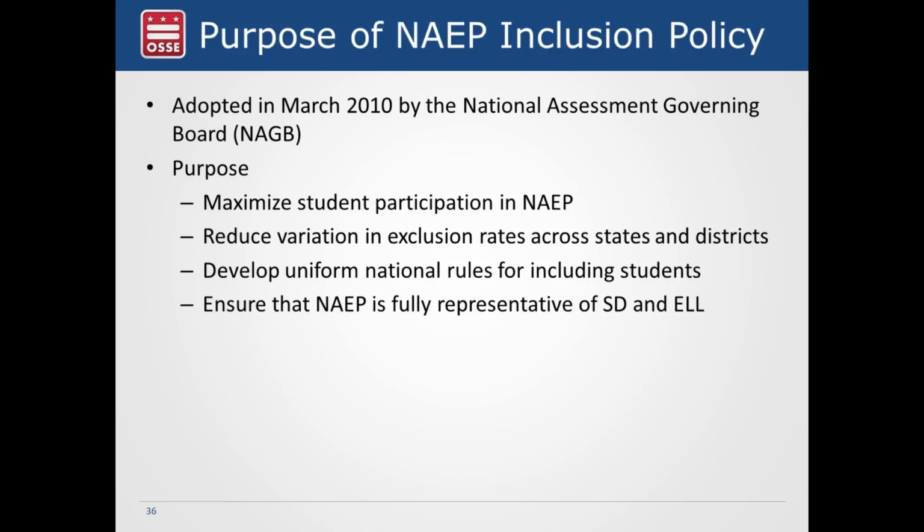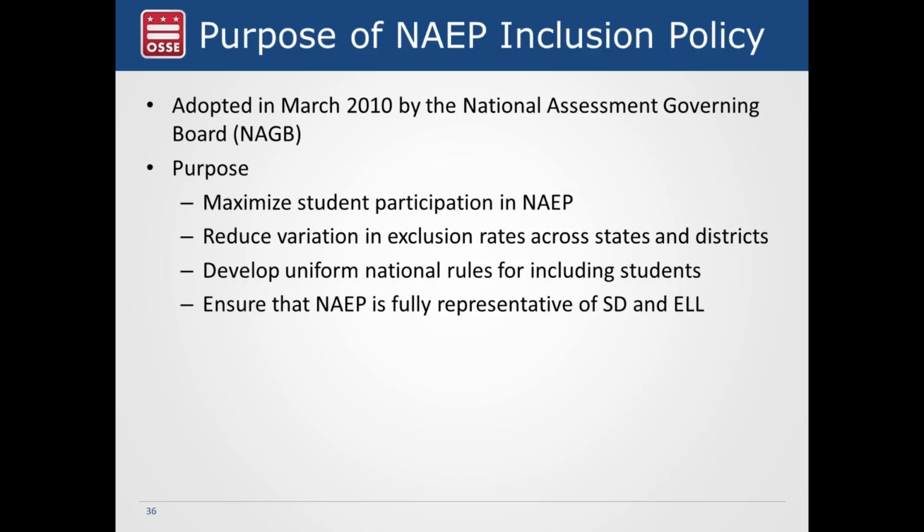Previously, many states would demonstrate higher performance on the NAEP assessment, but through further discovery, there would be evidence that large populations of students with disabilities were excluded, or large populations of English language learners would not be able to participate in the assessment. Even if accommodations were provided, those students were being excluded.